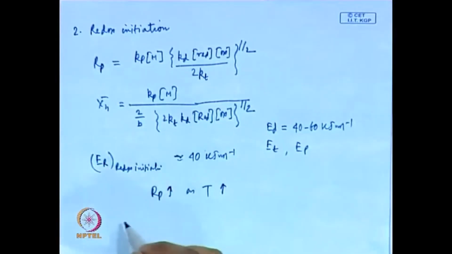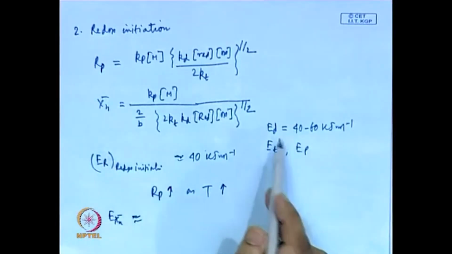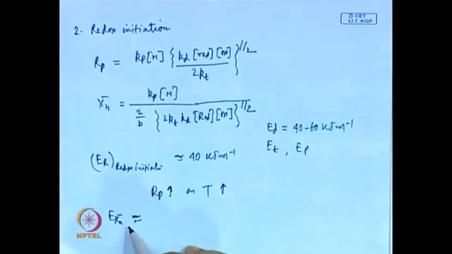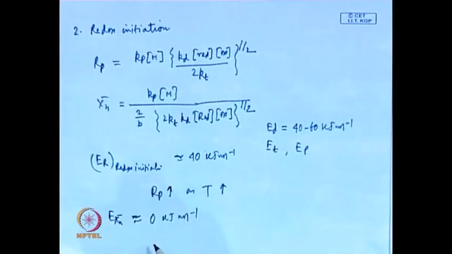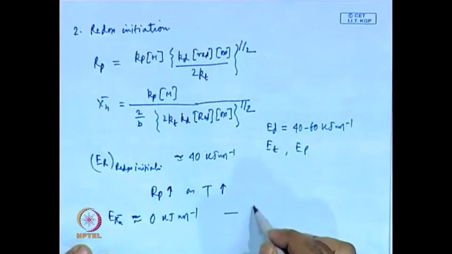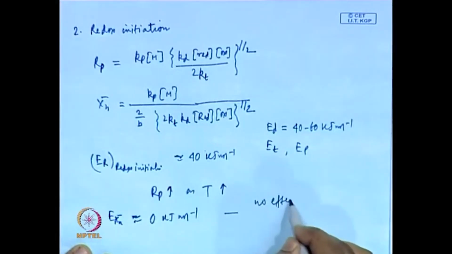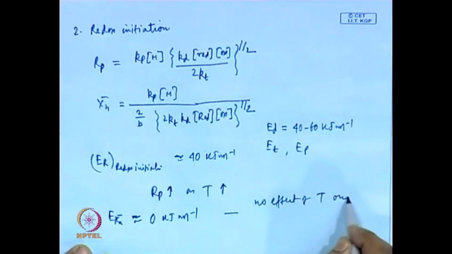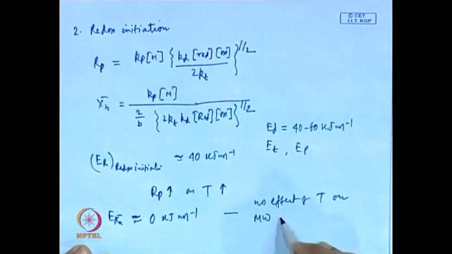Now, what is E_Xn0? If you again put in these numbers, you will find that E_Xn0 is about 0 kilojoule per mole, which suggests that there is no effect of temperature on molecular weight for a redox initiated radical polymerization.